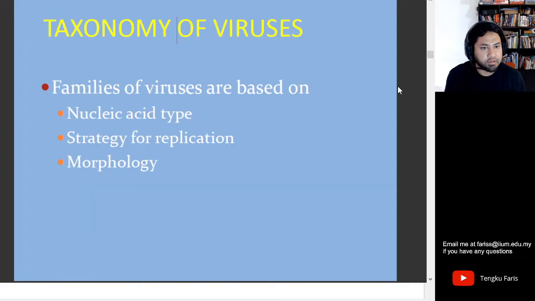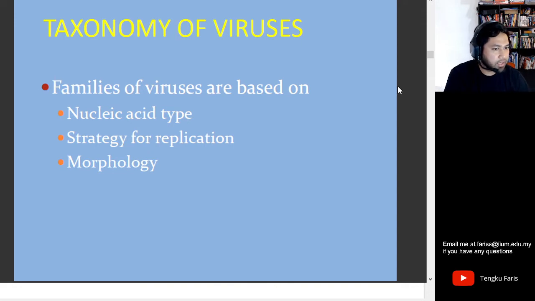Taxonomy of viruses: families of viruses are based on nucleic acid type, how they replicate, and the morphology. That's the taxonomy of viruses. How do you recognize a certain virus? By looking at the DNA or RNA, you know that this is a certain type of virus.